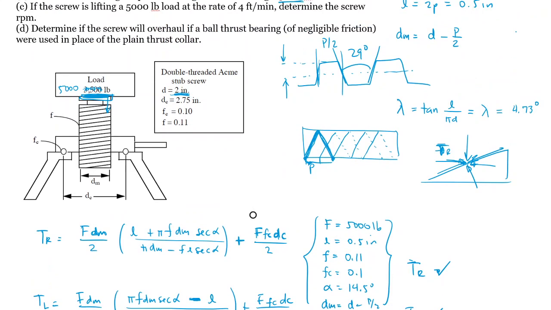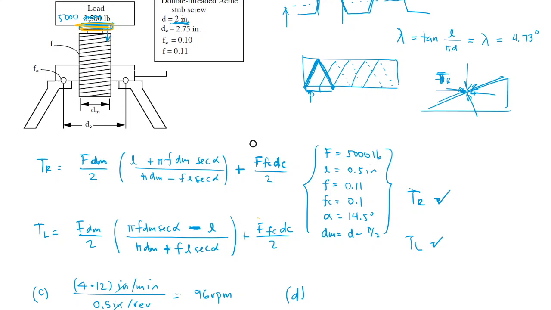Determine if the screw will overhaul if the ball thrust bearing is of negligible friction. So I'm going to replace this collar with a ball thrust bearing. It's just a bearing, so I'm assuming negligible friction. And basically what I'm doing is I'm removing this term because there's no friction.